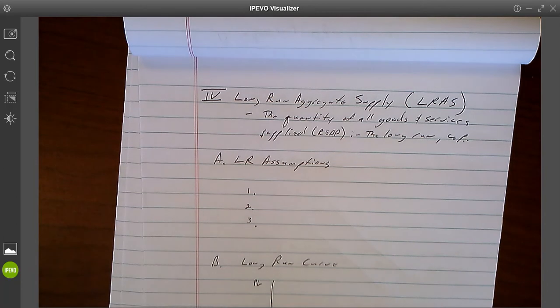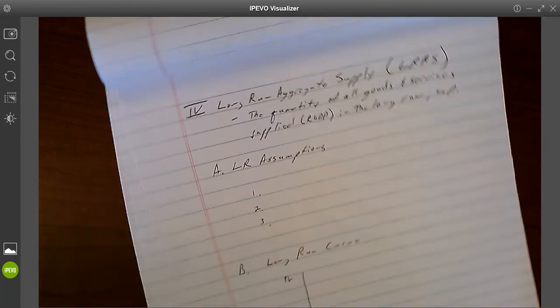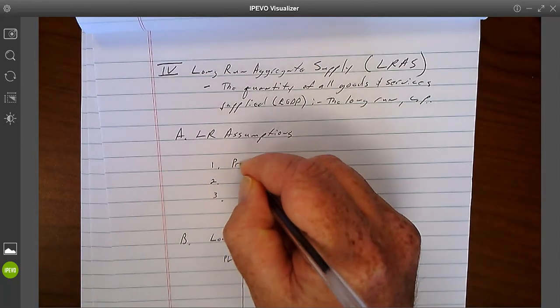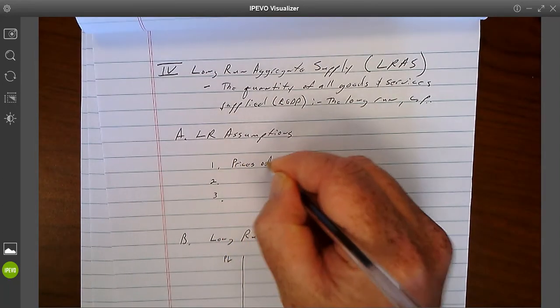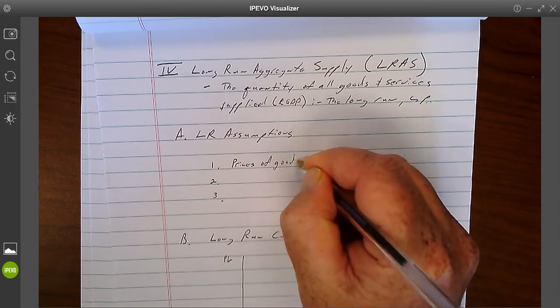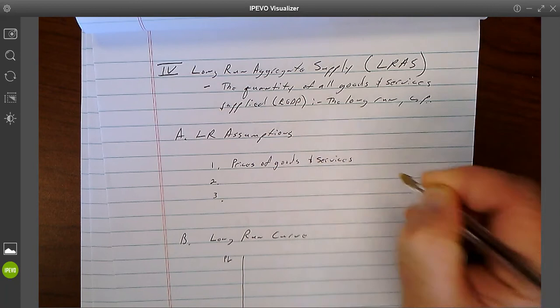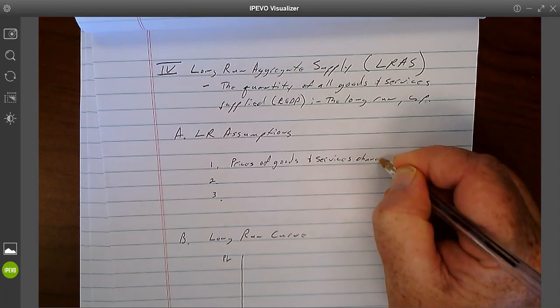So in the long run, we're going to make some assumptions. There are some assumptions that keep us in the long run. What are these assumptions? Well, just like the short run, we are going to assume that the prices of goods and services change easily.